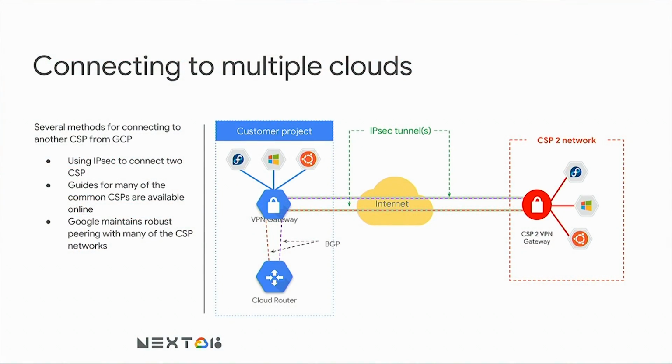You can have multiple links, do ECMP over those multiple links, and get pretty reasonable connectivity between GCP and another cloud service provider. Google as a whole has very good, I would say, rich connectivity pairing between our CSP competitors, so you can be assured that those links are going over adequate connectivity.